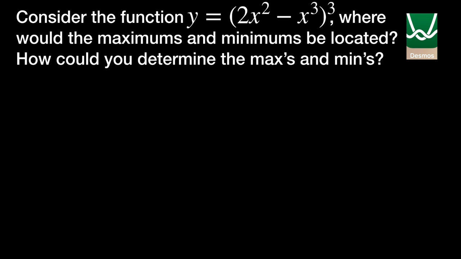All right, so with this, one of the things we will have to do is find the derivative, and the derivative is going to be outside, inside part stays the same, squared, times the derivative of the inside part, which is 4x minus, this is cubed here, minus 9x squared.